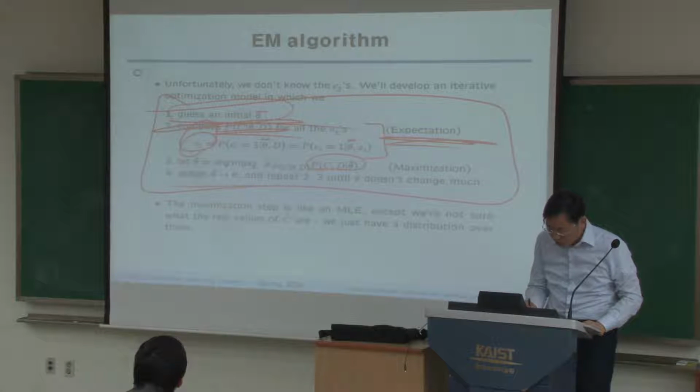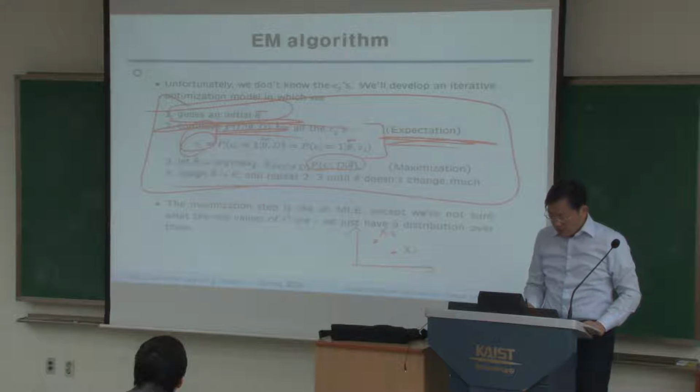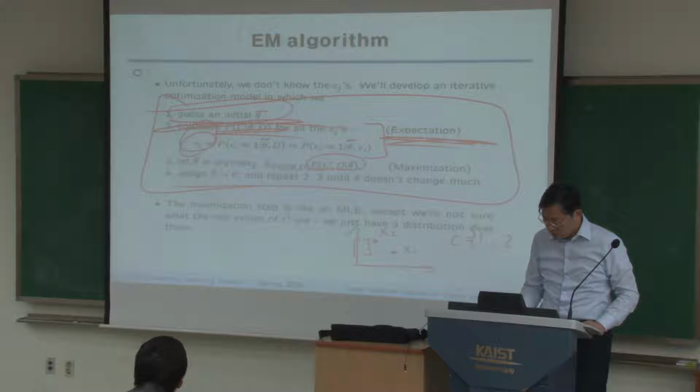So if I had two points, this is data x1 and x2, and this is the probability of, let's say, class being 1 or 2. Then I have probability 0.4 that is class 1, 0.6 class 2, and so forth.